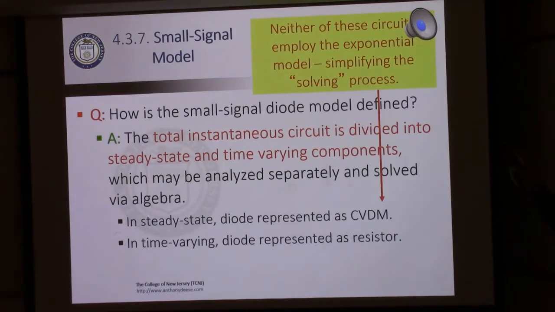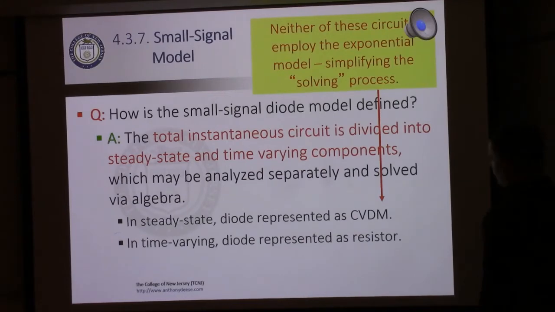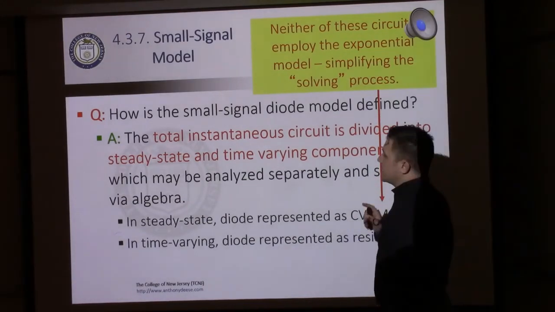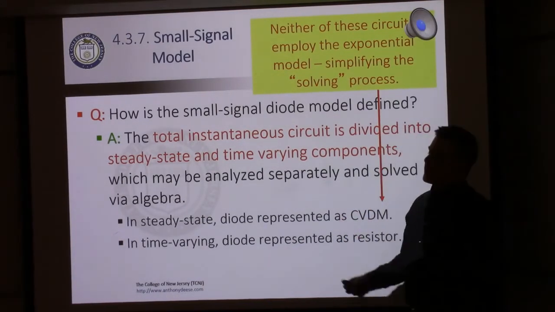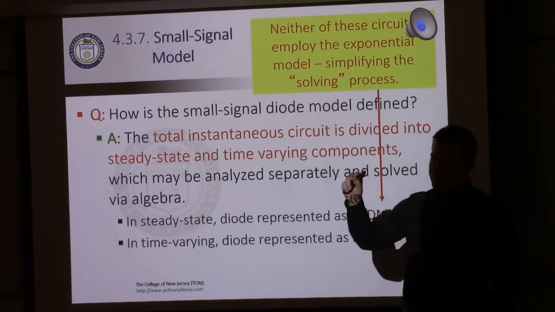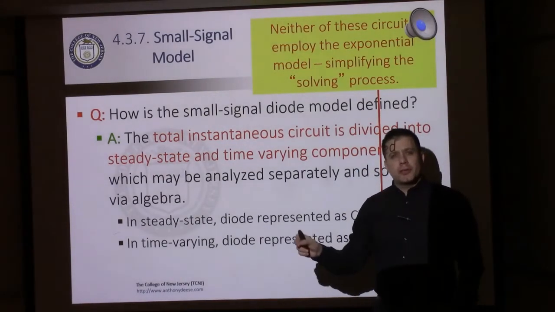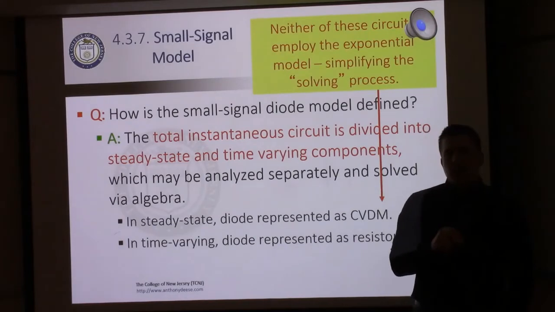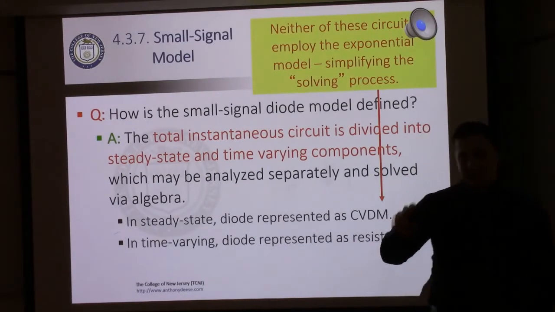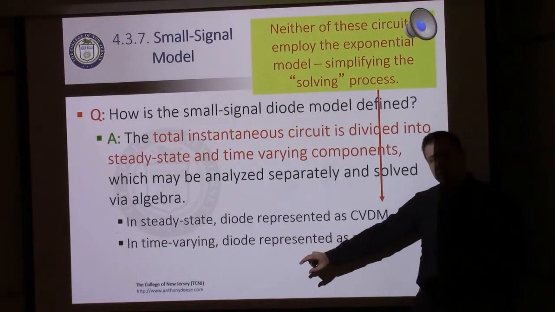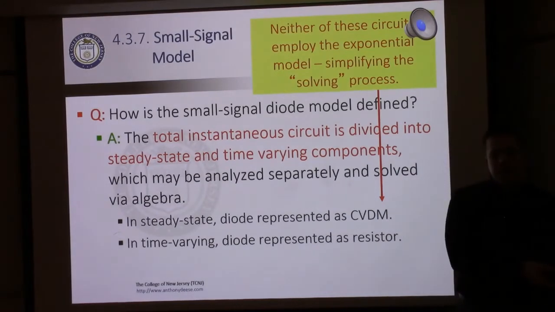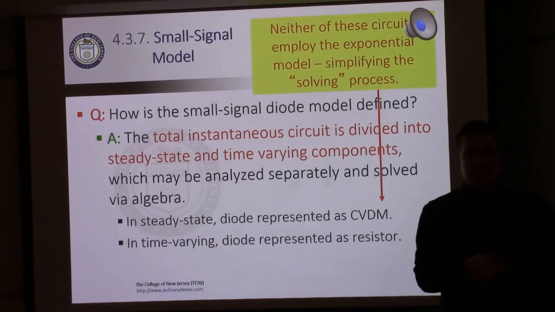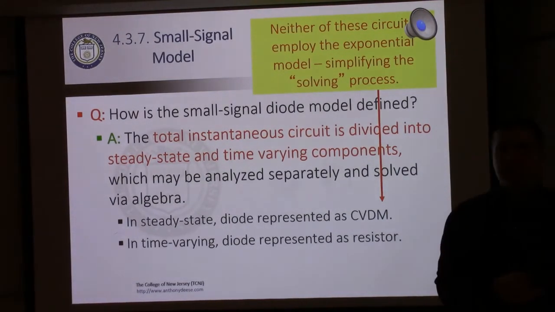So how is the small signal diode model defined? There's a little bit of a process here. What we're going to have to do is take the circuit and split it up into two different parts. We're going to split it up into what we call the static or the steady state component and then the time varying, sometimes we'll call it the AC component, although that's not the best name for it.